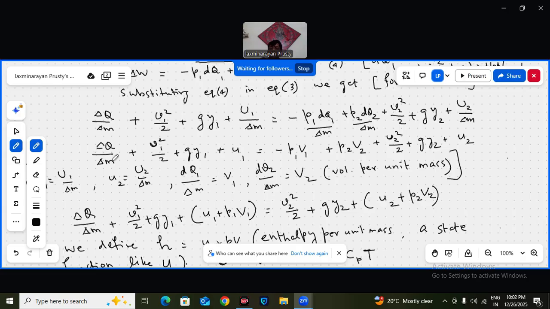Then I rewrite U1 as capital U1 by delta m, which is small u1, per unit mass. All these things are now per unit mass.